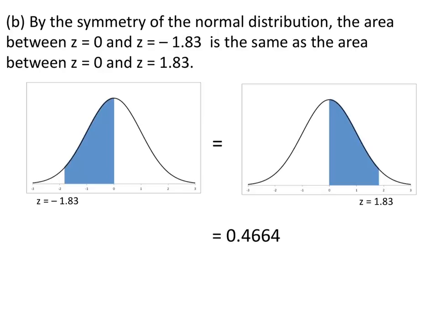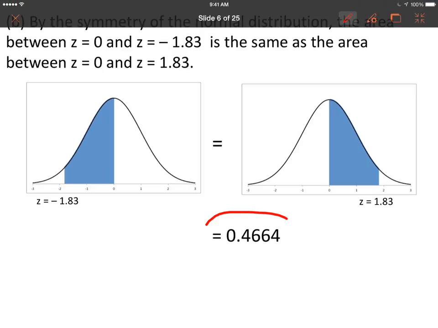Remember, you're going to scroll down the first column and find 1.8. Go across the top to find 0.03 and find where they meet. And where they meet is going to be this value, 0.4664. All right.